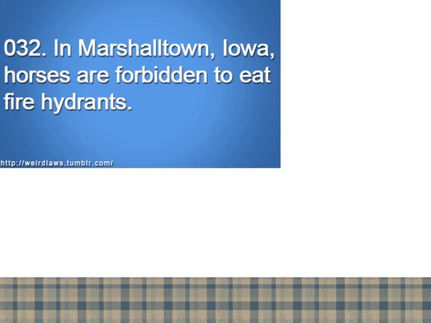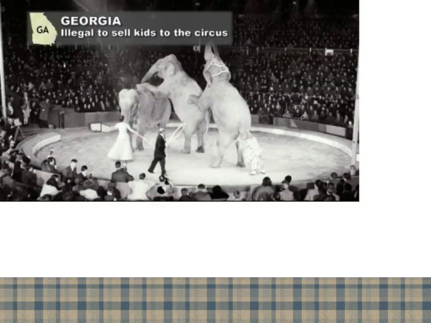In Marshalltown, Iowa, horses are forbidden to eat fire hydrants. In Georgia, it is illegal to sell kids to the circus.